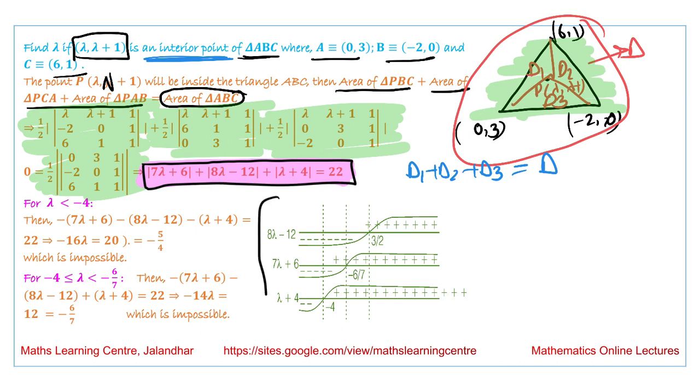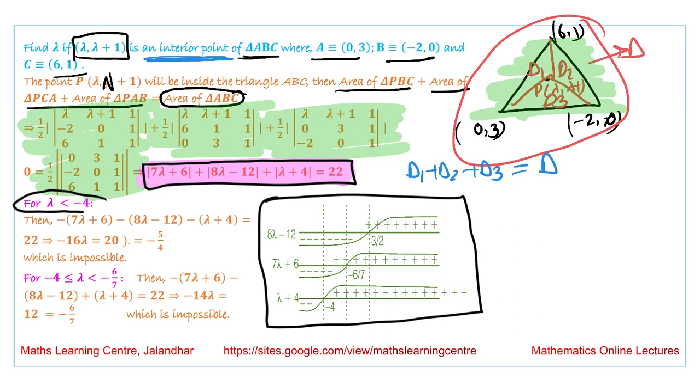Then using the wavy curve method, we have solved these values and we obtain that when lambda is less than minus 4, this is not possible. Again, when lambda belongs to the interval minus 4 to minus 6 by 7, this is also not possible.